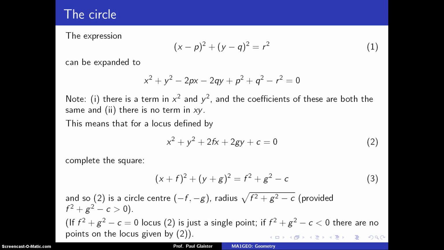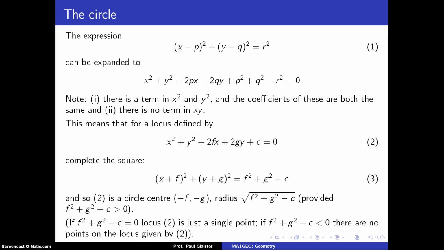Now, there is one more general form for the equation of a circle, which is in an expanded quadratic form. We won't use this very often, but it's important to recognise that when one has a general quadratic expression, whether it's a circle or not, and indeed later on we'll see that they're not always circles.